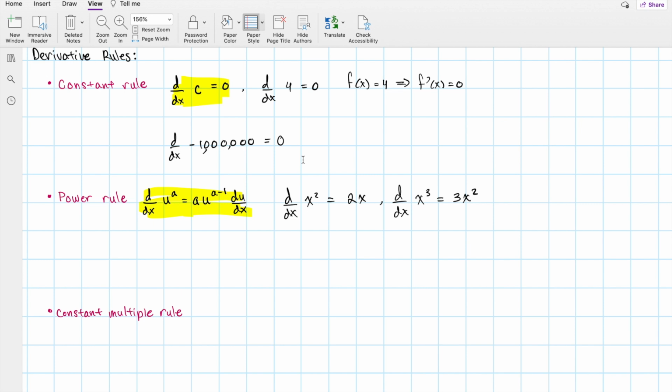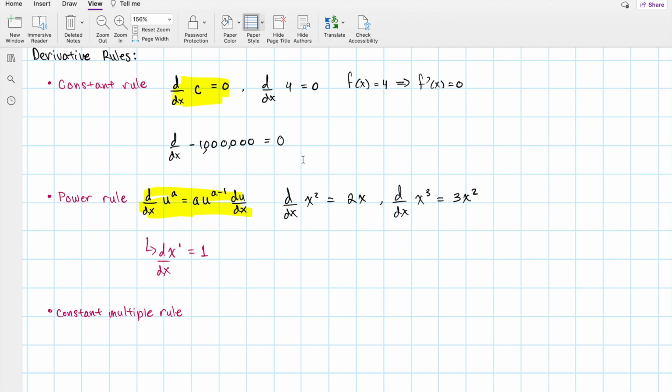Something I should mention in here is that the derivative of x, meaning some sort of variable to the power of 1, is always going to be just 1. Okay? And we could also look at it this way: dx over dx is just equal to 1. Anything divided by itself is just 1. That's another way to remember that.